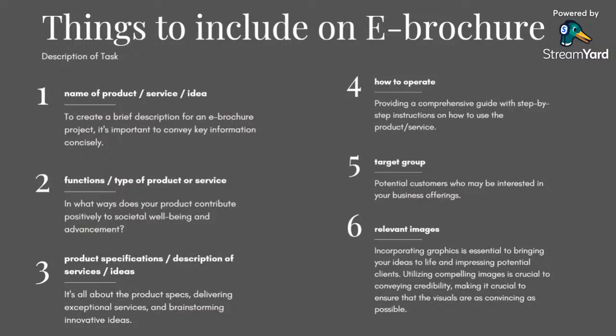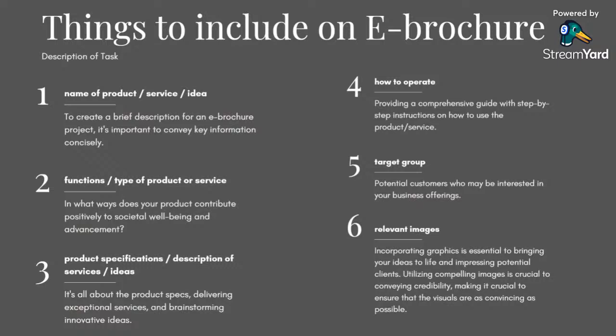So number three, product specifications, descriptions of services and ideas. You may want to allocate one single page to what the product is all about. You may want to explain the specs of the product, and deliver such exceptional services. And you may want to brainstorm some innovative ideas.